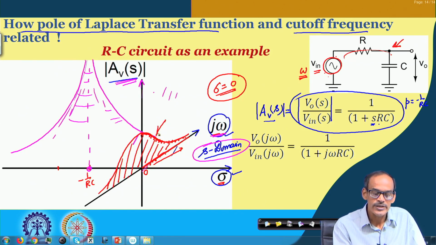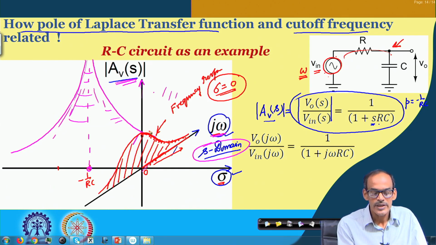And incidentally, this curve is the frequency response. The interesting thing is that for this RC circuit, the value here is equal to 1, and if you go to a frequency omega equal to 1 by RC, the corresponding magnitude is 1 by root 2.